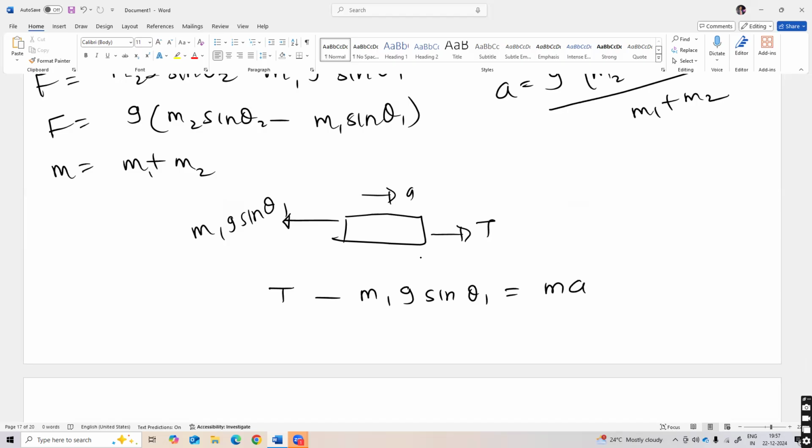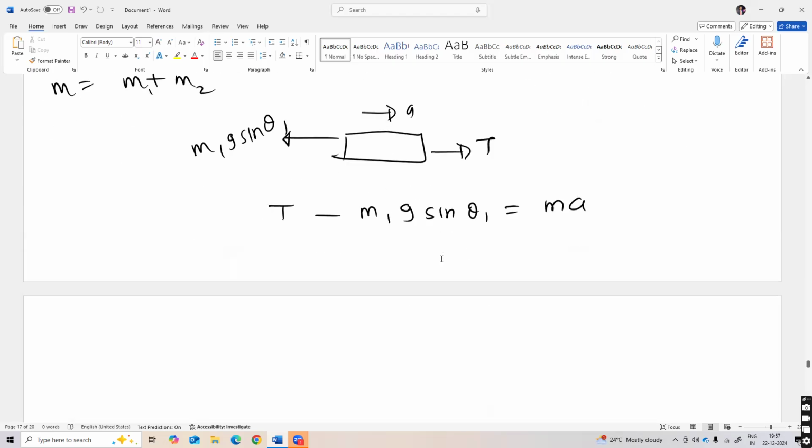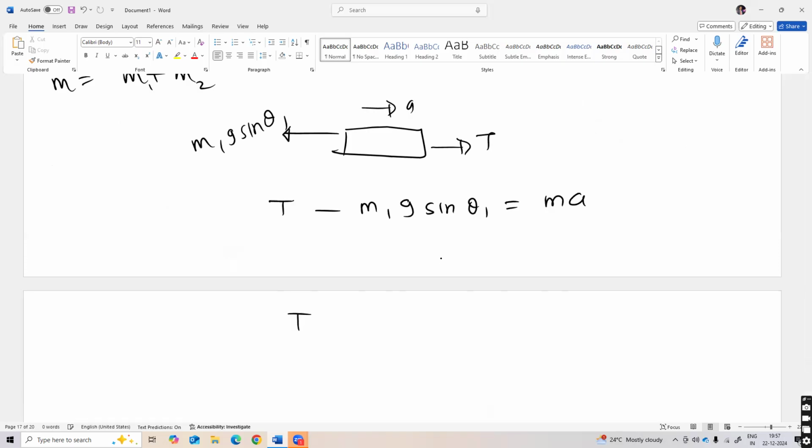Okay, so T is basically equal to m1 g sin theta 1 plus ma.